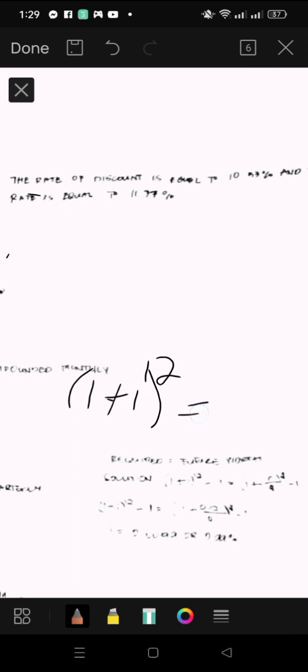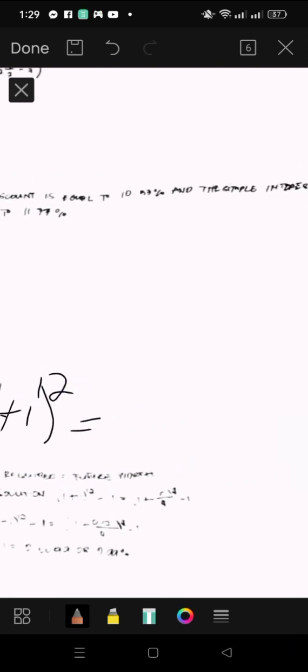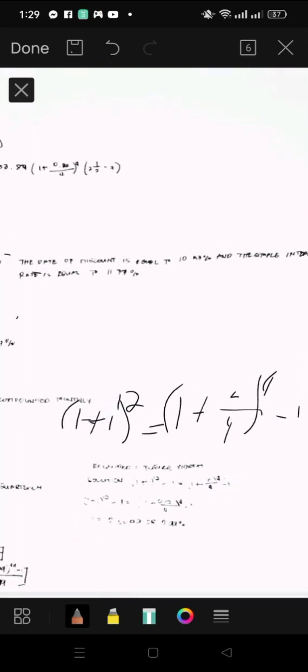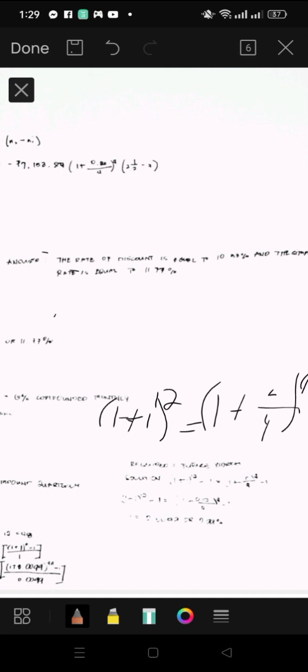Then quantity of 1 plus I raised to the power of 12 minus 1 equal quantity of 1 plus 0.12 over 4 raised to the power of 4 minus 1.